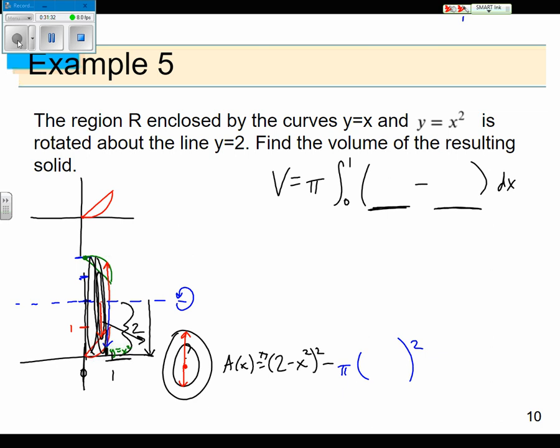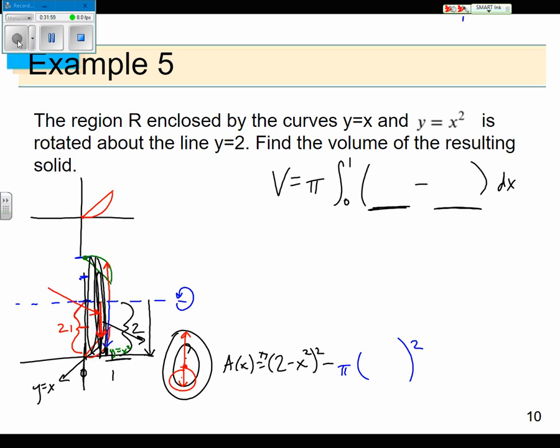And so I'm still going to use the fact that this distance coming all the way down is 2, and then subtract off this vertical distance right here, which just happens to be y equals x. So this red arrow right here corresponds to this red arrow right here. I got red arrows everywhere.